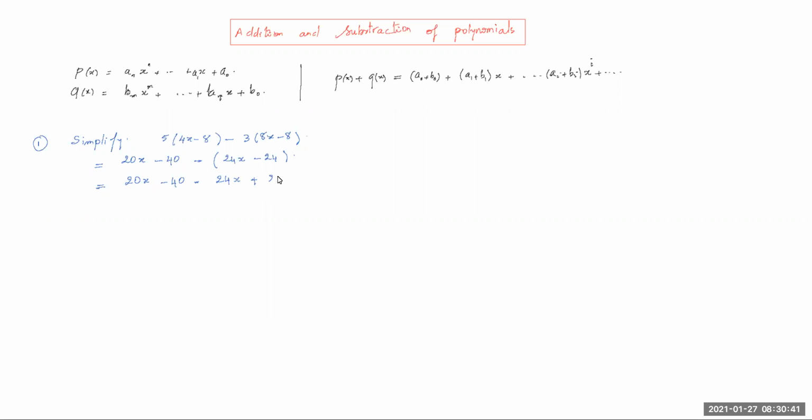Then you regroup the terms with the same degree. Here you have 20 minus 24x, and here you have minus 40 plus 24. Then you obtain minus 4x, and minus 16. So here is the resulting polynomial of the difference of those two polynomials.